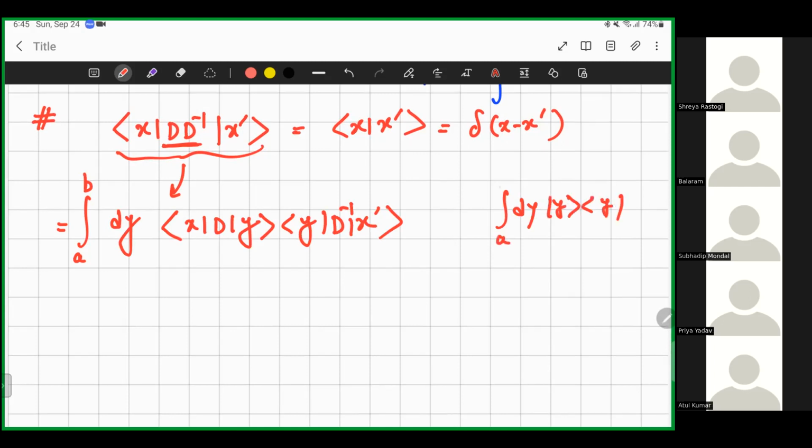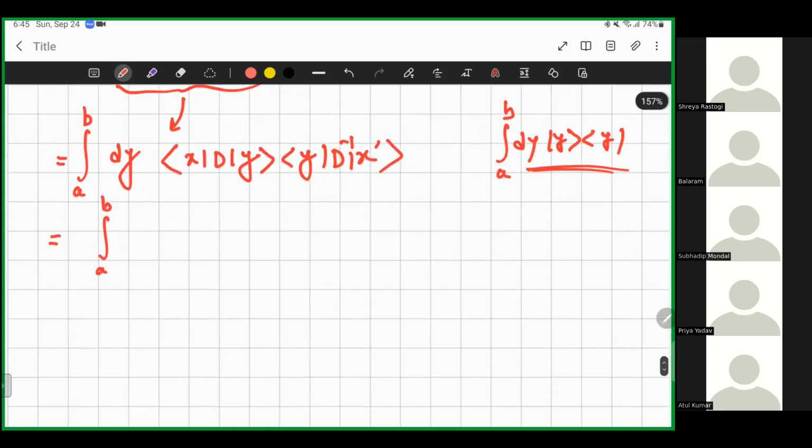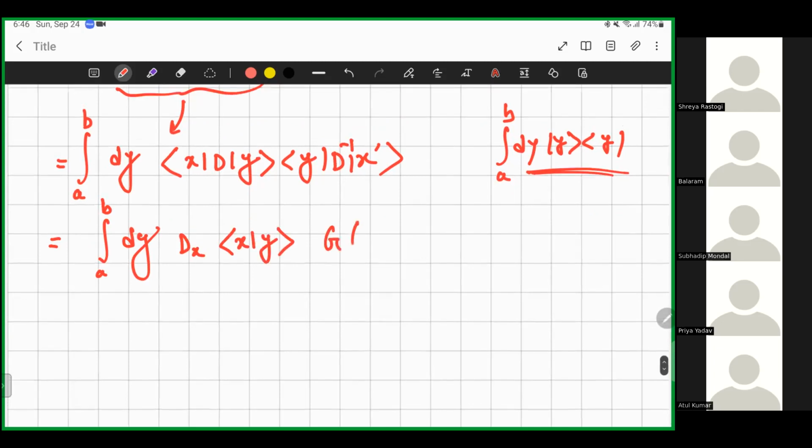This is also identity, right? So this identity I have just introduced here. So it will be dy. So this is a differential operator. We can take it out. Then it will be <x|D|y> and the Green function g(y, x').